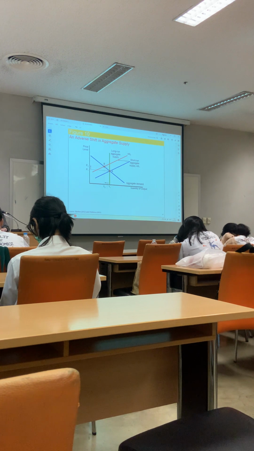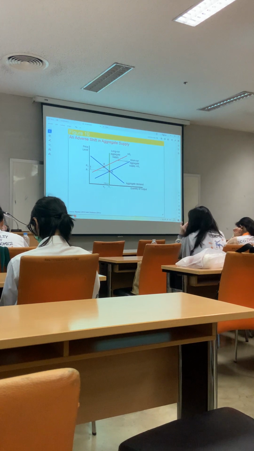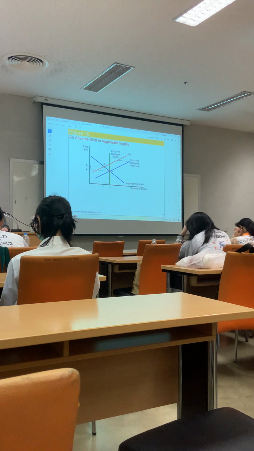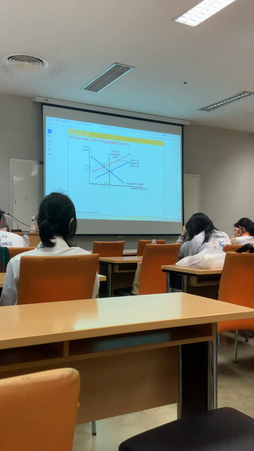Right now we are at point B. If the government would like the economy to go back to full employment very fast, they just shift AD rightward, doing anything to shift AD rightward. The gap will close quite fast, rather than letting the equilibrium go leftward until the price peaks and goes down again, which takes quite long. So the government can do anything to shift AD rightward and close this gap.